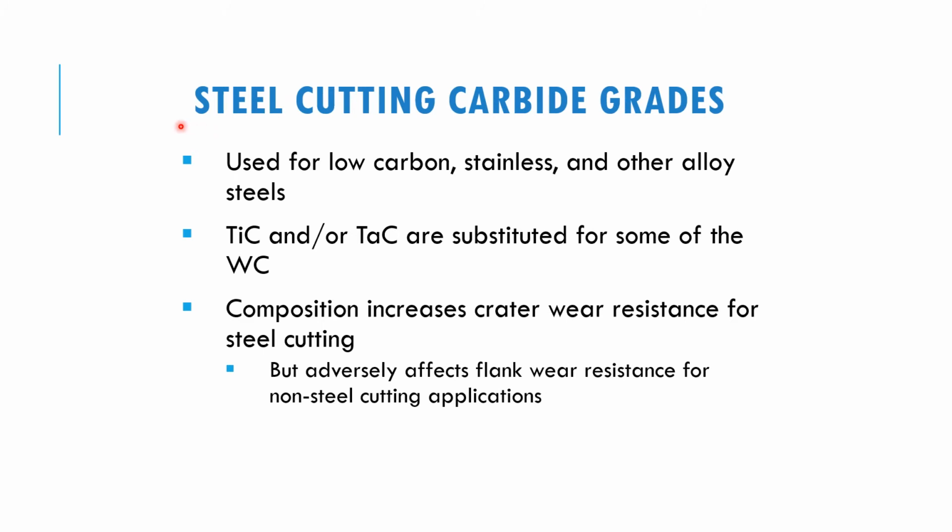The steel cutting carbide grade is used for low carbon stainless steel and other alloy steel. In this cutting tool, titanium carbide and tantalum carbide substitute for some of the tungsten. This composition increases crater wear resistance for steel cutting but adversely affects flank wear resistance for non-steel cutting applications.